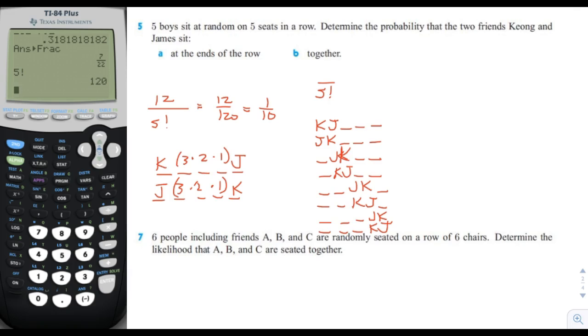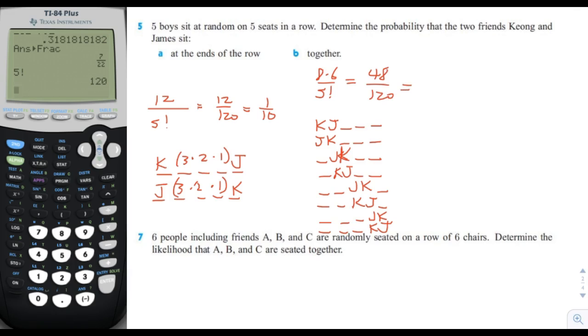So in the end, we have all these different ways. There are 1, 2, 3, 4, 5, 6, 7, 8 ways for James and Keong to sit next to each other. And then the 3 remaining spots could be filled 6 different ways each. So that would be 8 times 6 in the numerator. That would be 48 in the numerator and 120 in the denominator.